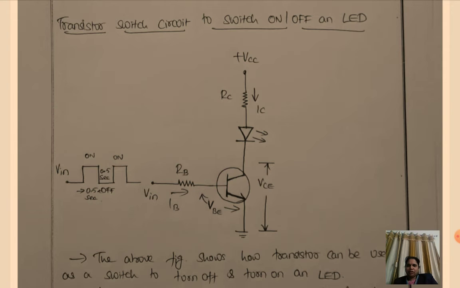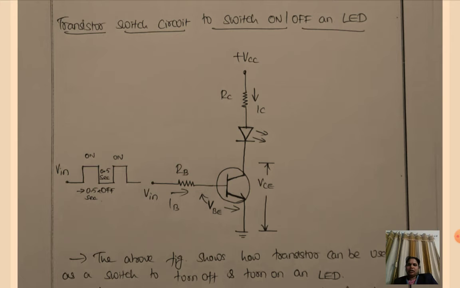So when Vi is equal to 0, the base current is also 0, and even if base current is 0, collector current will also be 0, and there will be a voltage drop across the collector emitter terminal. So it is going to act as an open switch. Thereby there will not be any flow of collector current across the collector emitter junction, so the LED will be in the off position.